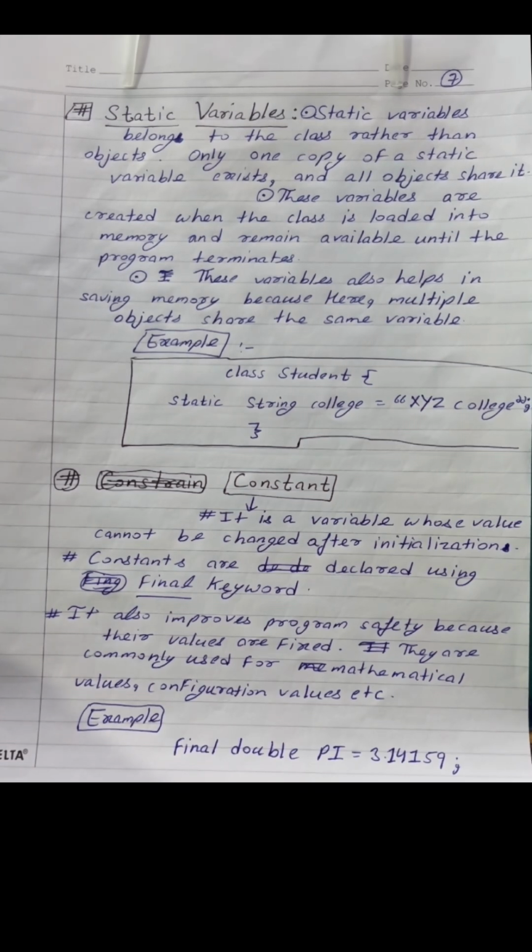Apart from that, static variables are created when the class is loaded into memory and remain available until the program terminates. They are commonly used for values that are common to all objects, such as college names or company names, etc. And using static variables, we can save memory because multiple objects share the same variable.